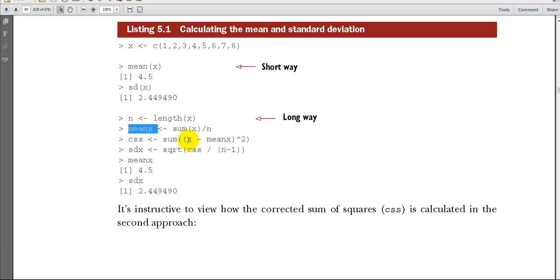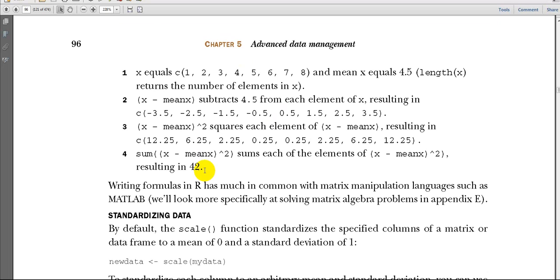He takes x minus its mean, squares those, and then takes the sum, and that's called the corrected sum of squares. And he goes into what it means here. So here you get the vector, and then you get the length. Sorry, the mean is 4.5, and we know what the length is.